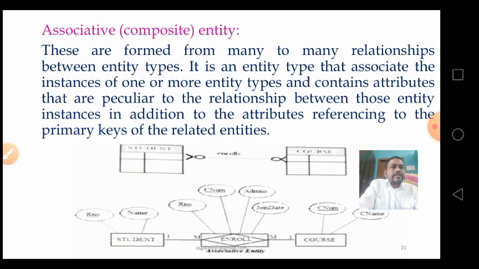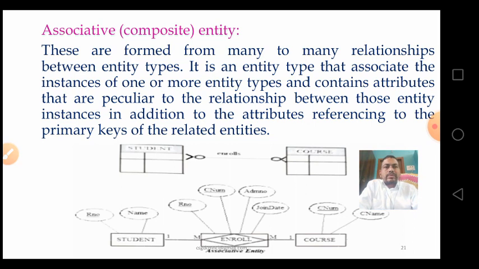It is an entity type that associates the instances of one or more entity types and contains attributes that are peculiar to the relationship between those entity instances, in addition to the attributes referencing the primary keys of related entities.